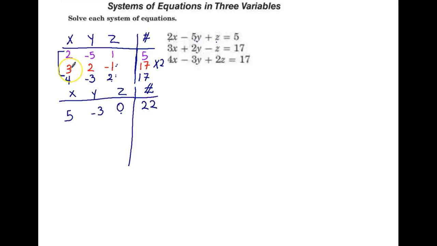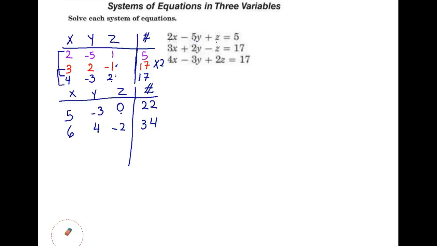So 3 times 2 is 6. 2 times 2 is 4. Negative 1 times 2 is negative 2. 17 times 2 is 34.